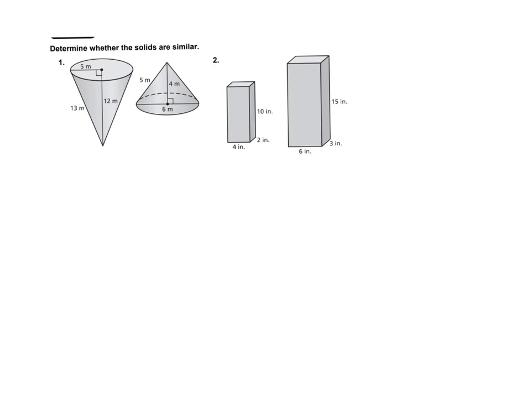So, question number 1, determine whether they are similar. And this first one might be a little confusing because they twisted one. But I'm going to take this first shape, this first cone here, and flip it by just drawing my own version. So my own version looks like this.